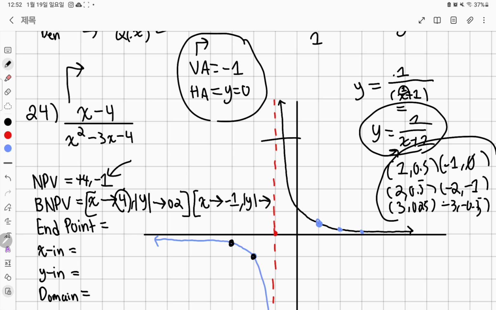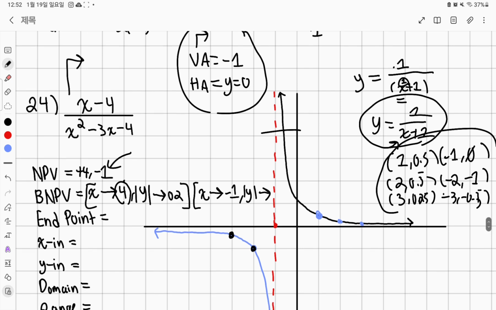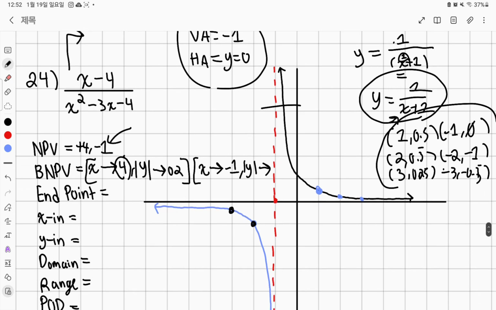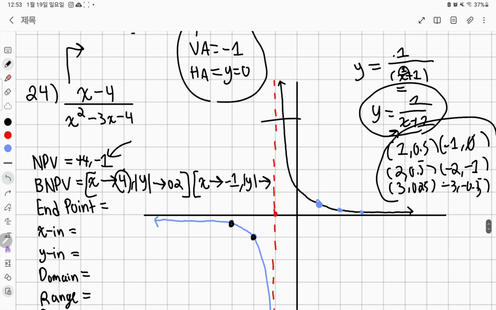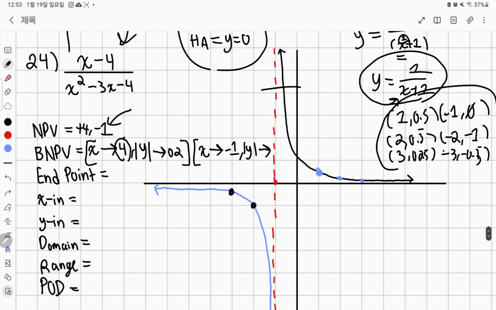Just plug it into the simplified form. -1 plus 1 equals, if you plug into a calculator, it will say math error. What this basically means is, when x is approaching -1, it goes up, right? So it's basically infinity. That will be our answer. Positive infinity.